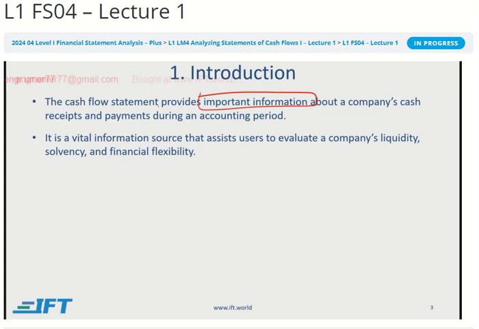So naturally, cash flow statements contain very important information, and the reason for that is something you're going to appreciate more and more over the course of your 3 levels of CFA studies: the valuation of a company's equity is based on something called free cash flow to equity.